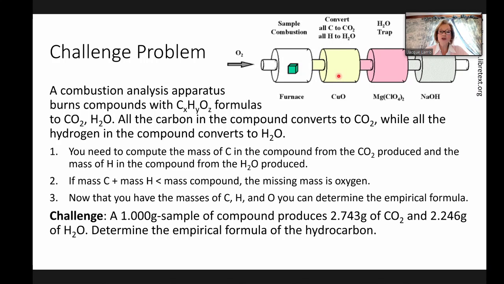So in the second chamber, you trap the water with magnesium perchlorate, and then sodium hydroxide in the last one traps the carbon dioxide. So we can input oxygen, combust our substance, and collect the carbon dioxide and the water and determine the compound's empirical formula.